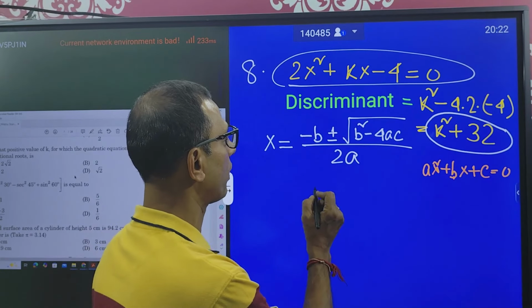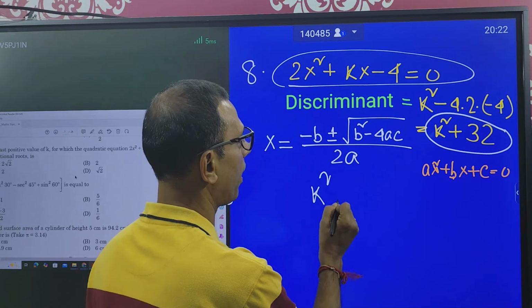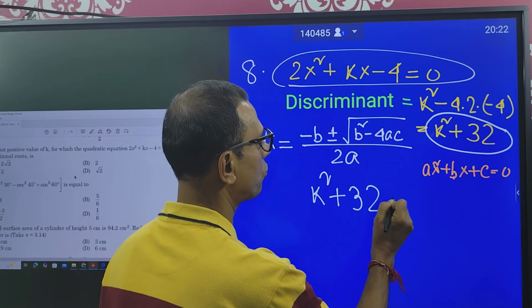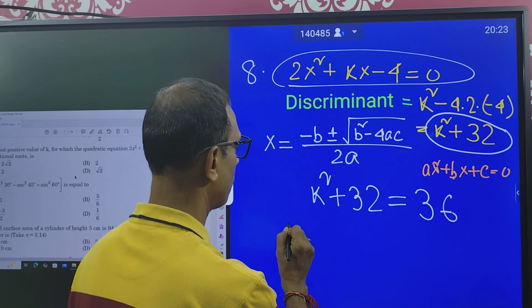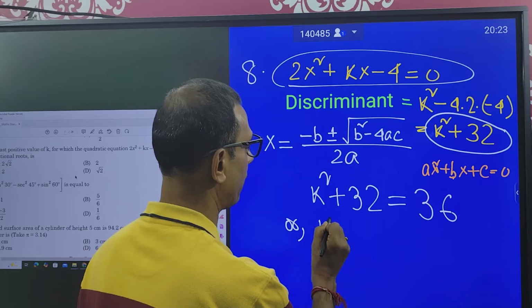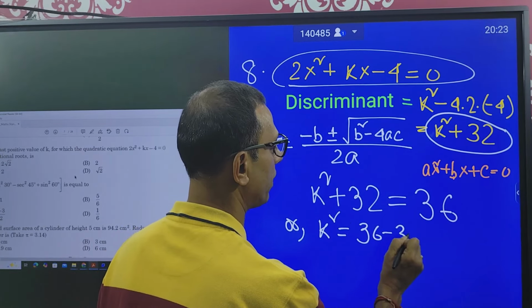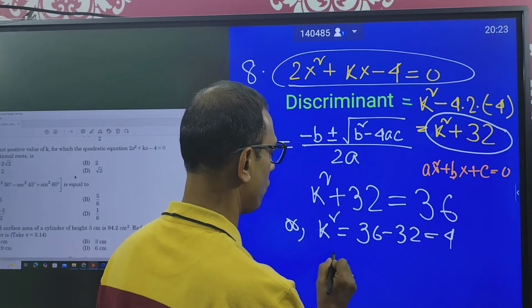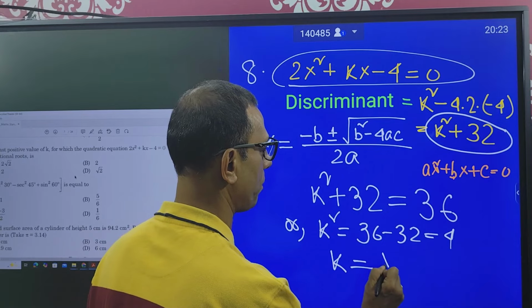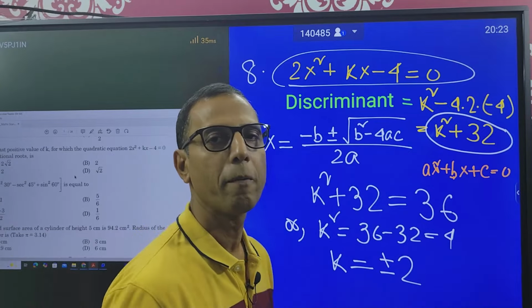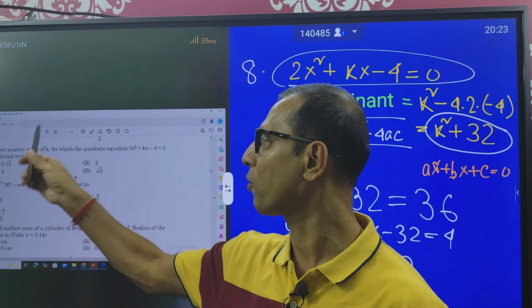So in that case, what will be the value? K square plus 32 should be 36. So what is the value of k square? K square equals to 36 minus 32, that is equals to 4. So the value of k equals to plus minus 2. Now the condition is positive value.